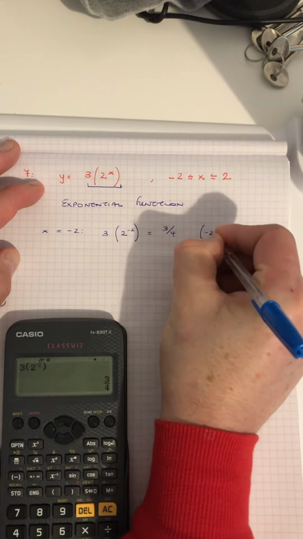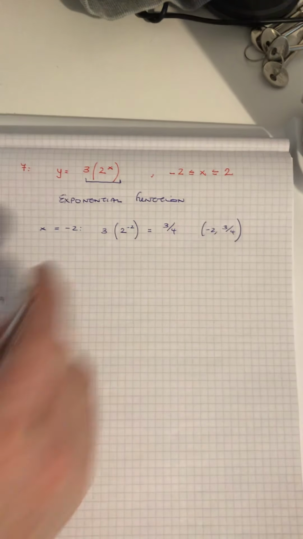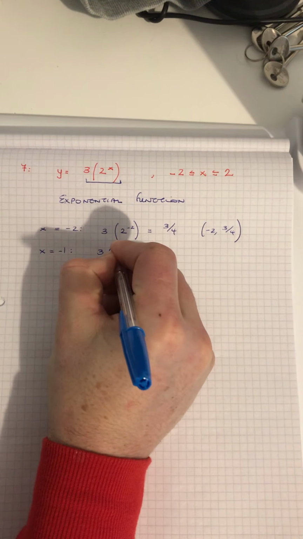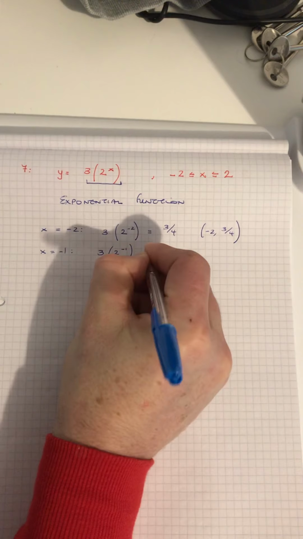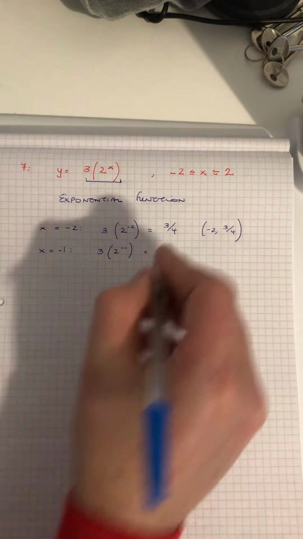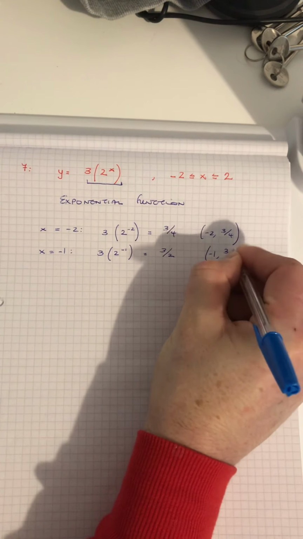So -2, 3/4. Now the same for x equal to -1. 3 bracket 2 to the power of -1, which is equal to 3/2. So -1, 3/2.